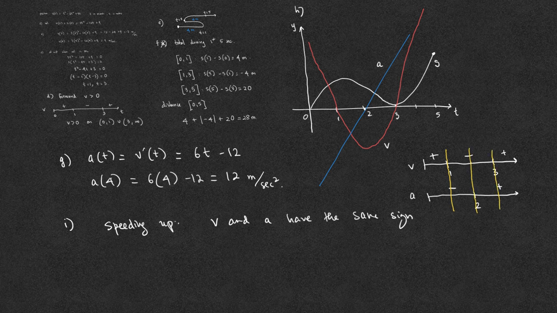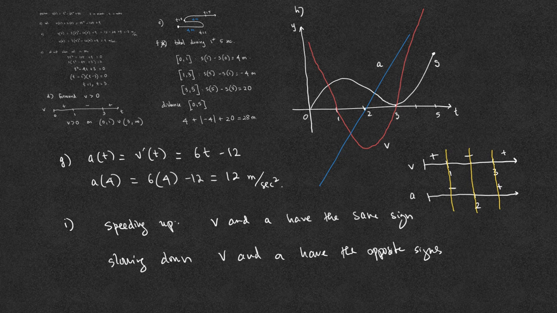We see that from 0 to 1, the velocity and the acceleration have the opposite sign, so we know that the particle is slowing down. The particle is slowing down when the velocity and the acceleration have the opposite signs, positive, negative, or negative, positive.